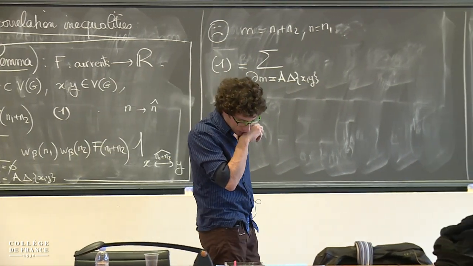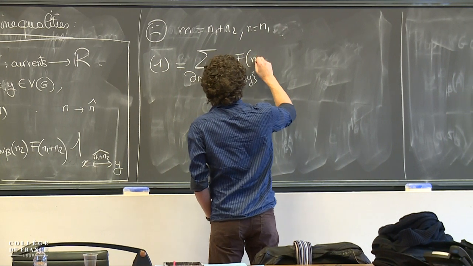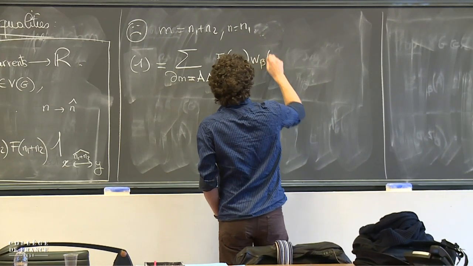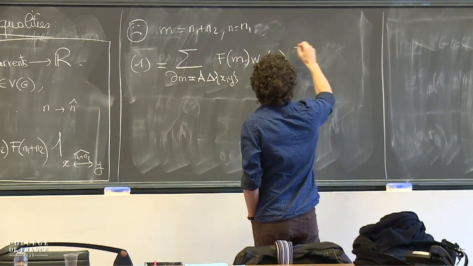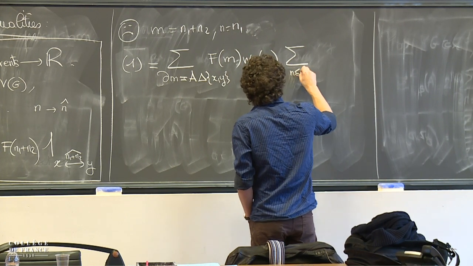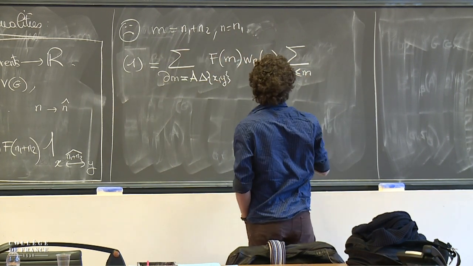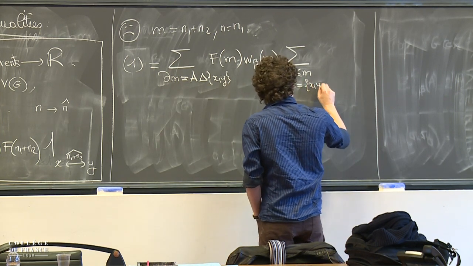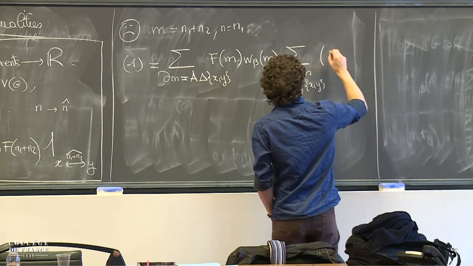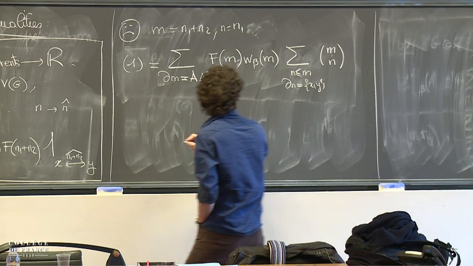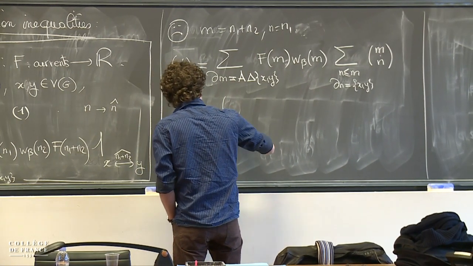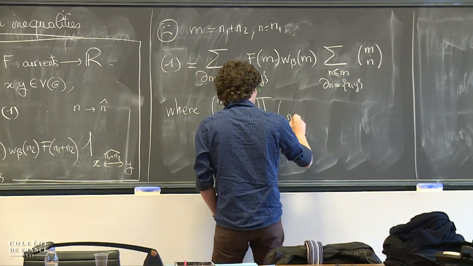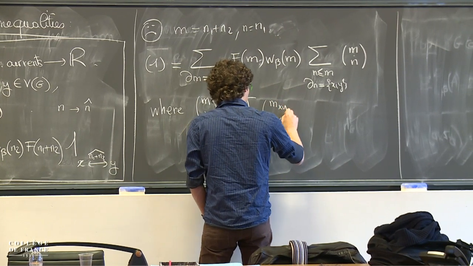And then you are going to get f of m. Well, this is obvious, this is just this guy. You are going to get w beta of m times the sum for n smaller or equal to m. This is also obvious. The sources of n are going to be x, y. And I'm going to get here what I'm going to call nm. So I need to tell you what this is. Nm is going to be the product over x and y of n_xy choose m_xy.